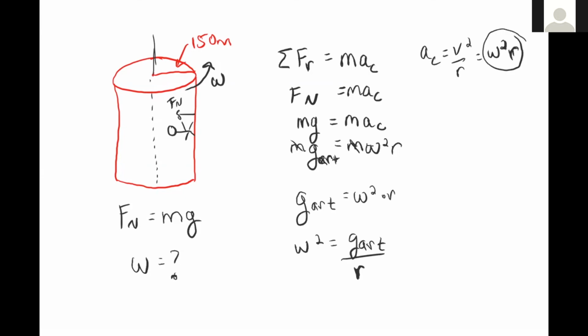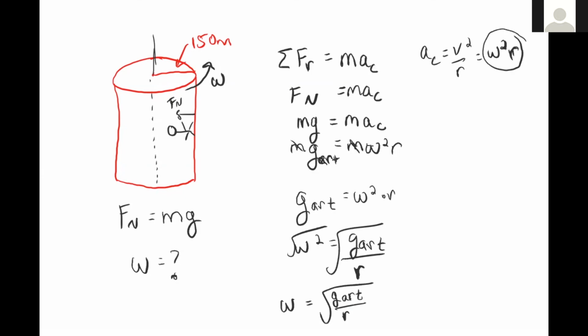So square root both sides. Then the angular speed that we need to mimic the acceleration due to gravity here on Earth is equal to the square root of this artificial gravity divided by the radius of our spacecraft. Doesn't matter, big R, little r, it's still the radius of the spacecraft here.